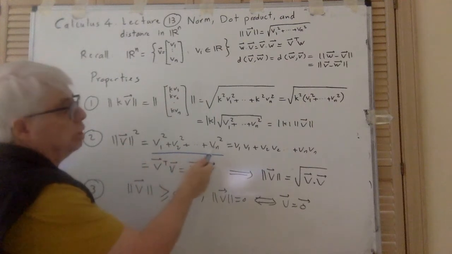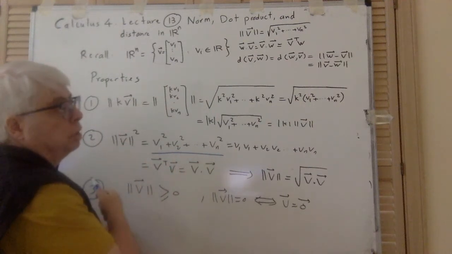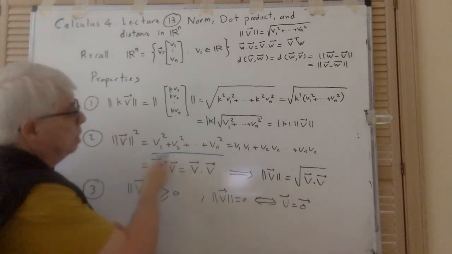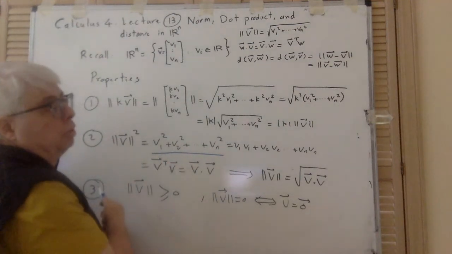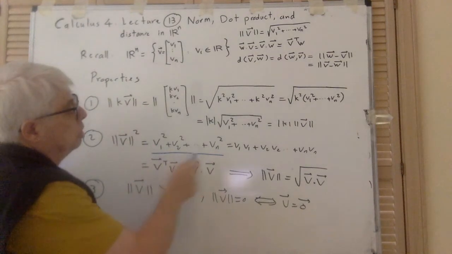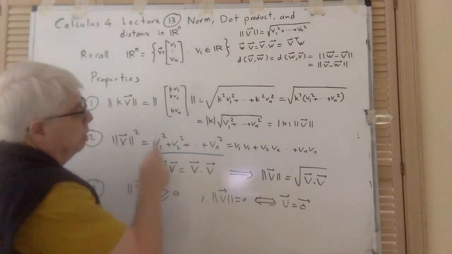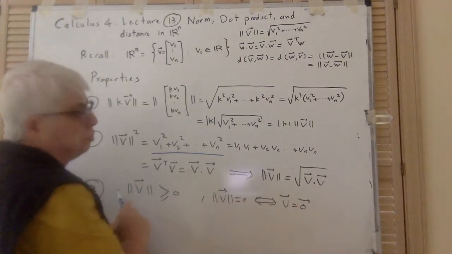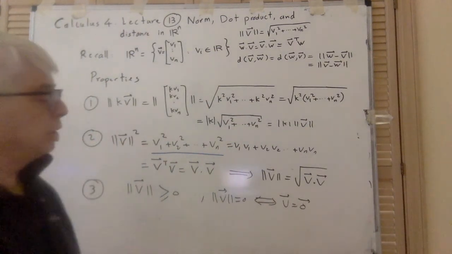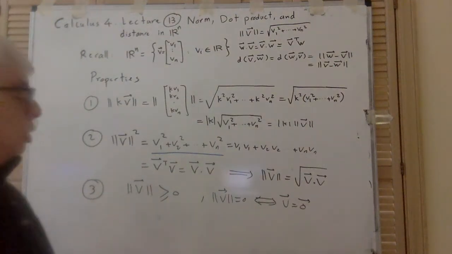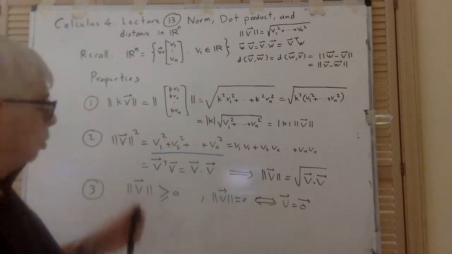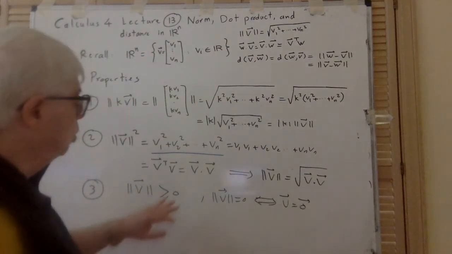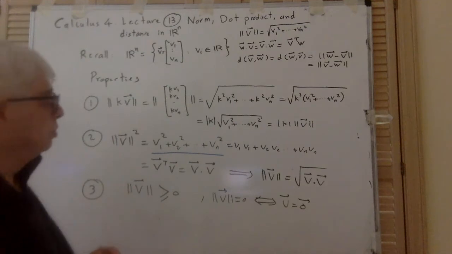So if you add non-negative numbers and get 0, then all of them should be 0. If any of them is non-zero, then the sum is positive. All of them being 0 means that v is 0. So the only vector with norm 0 is the 0 vector, and if we ignore the 0 vector, norm is always a positive number.